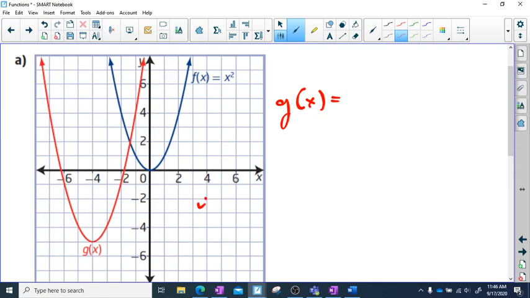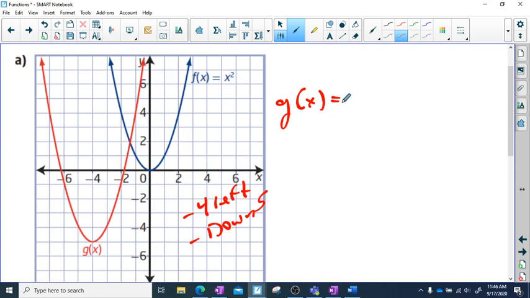So think about that: 4 left and down 5. That's the only changes that have been made. Now the red one looks bigger, it's just because you can see more of it. It's the same stretch factor, over 1 up 1, over 1 up 1. So the blue one and the red one are the same width in terms of their opening.